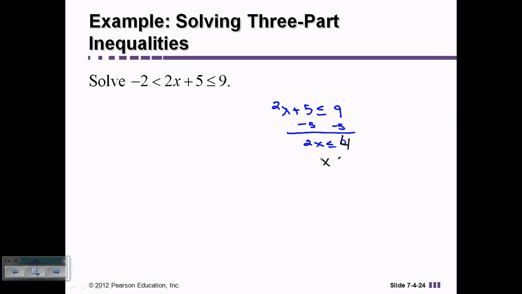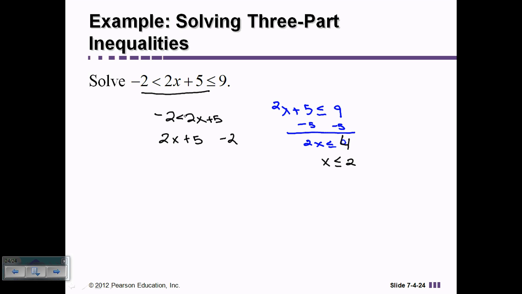And then we're going to get x is less than or equal to 2. And then we're going to have to do the other part of the problem, which is this part. So technically the problem is written like this. And I like to reverse the problem when we start.